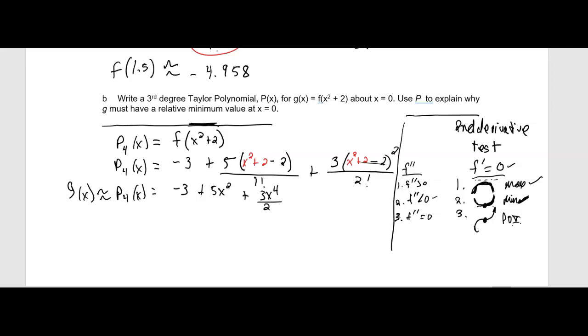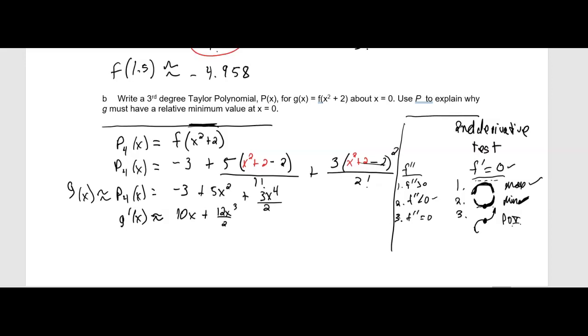Okay, so if we did this now, take G primed, and its approximate derivative would be 10x plus 12x cubed over 2. If you want to reduce that, feel free. We're going to do this at 0. Do we have a maximum or a minimum? So let's plug in a 0.